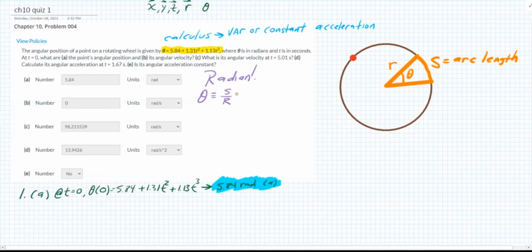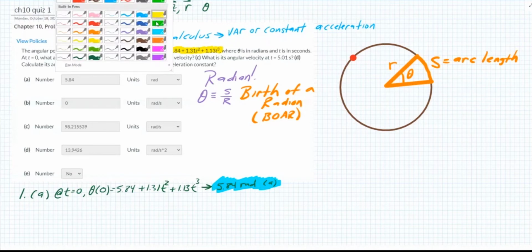I refer to this as the birth of a radian. Not birth of a nation, birth of a radian, or just BOAR. I always reset myself mentally to this point.